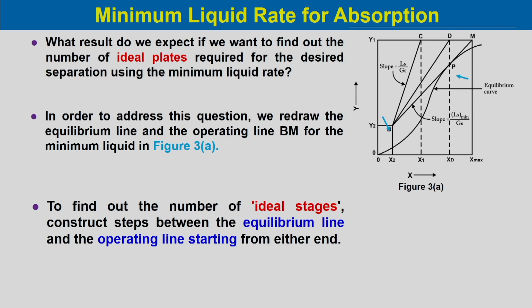To find out the number of ideal stages, construct the steps between the equilibrium line and the operating line starting from either end. So, either you can start from this position or you can start from any other position. If you do this staircase arrangement, what will you notice?